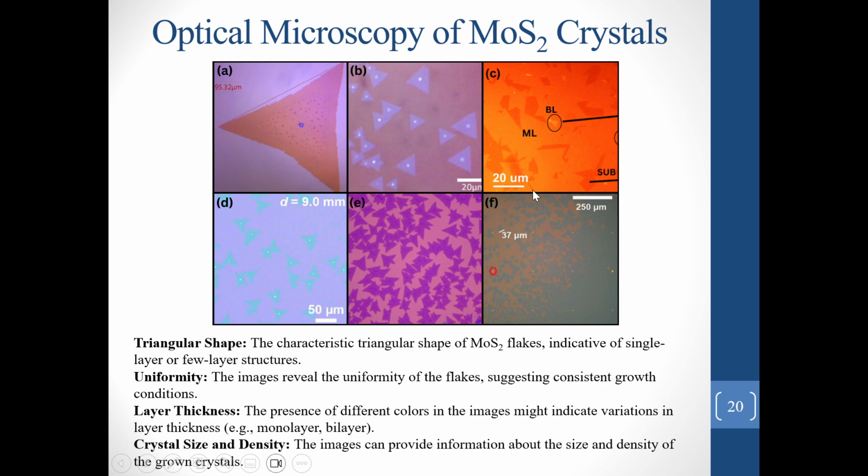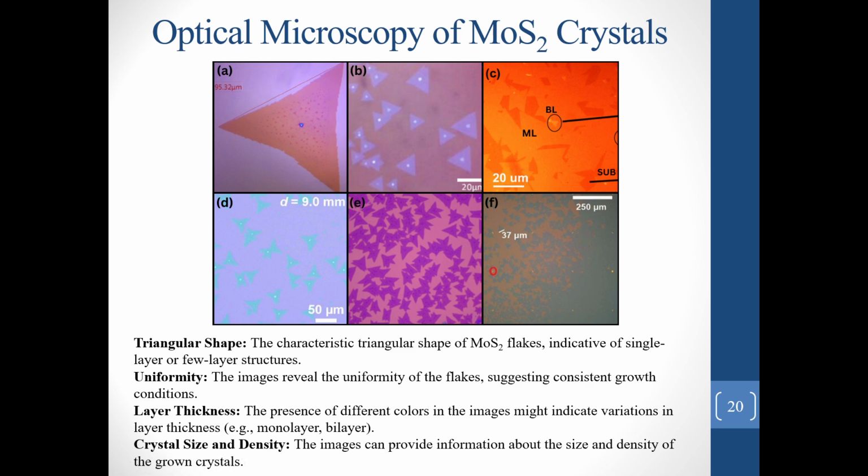This is a 20 micrometer image, and there is no multi-layer. Sorry, there is no multi-layer because there is no dark color here, there is light color, so this is the monolayer. And you can see this is the darkest color, and this is the bulk layer, or you can say the sublimation.